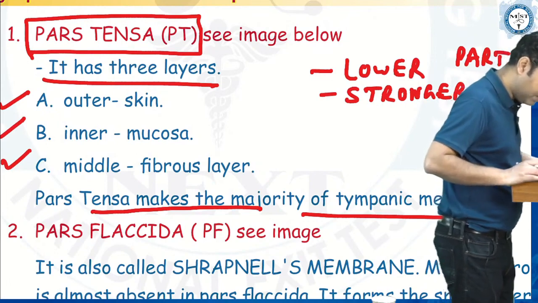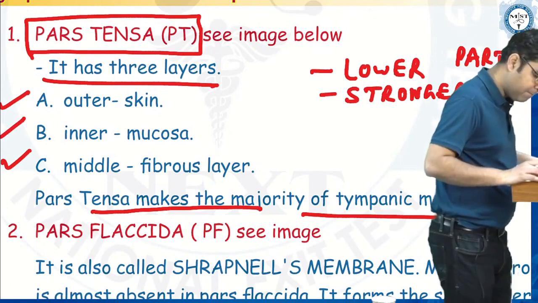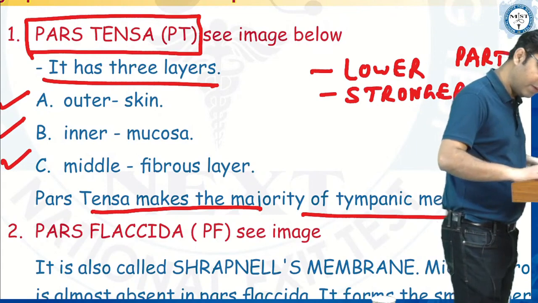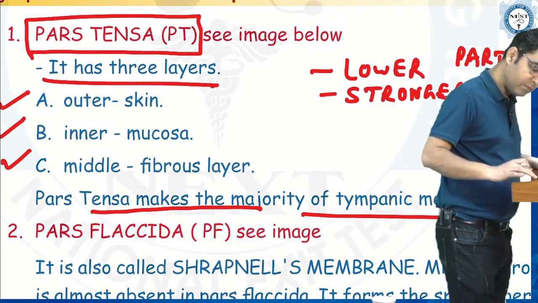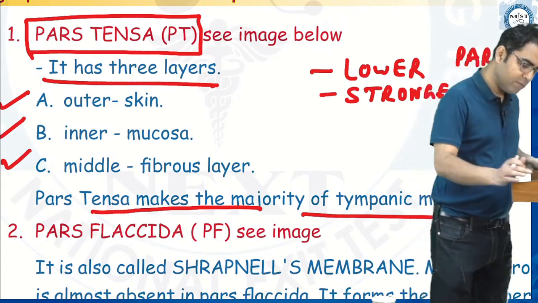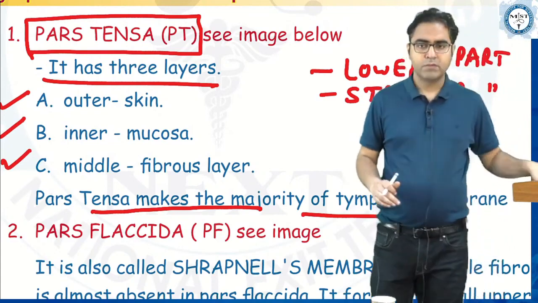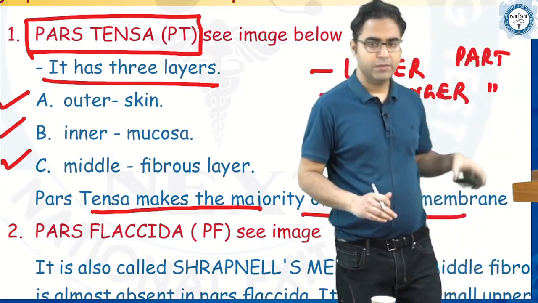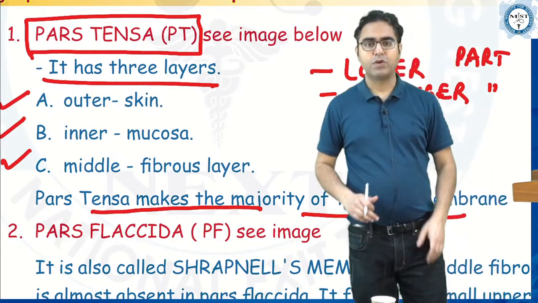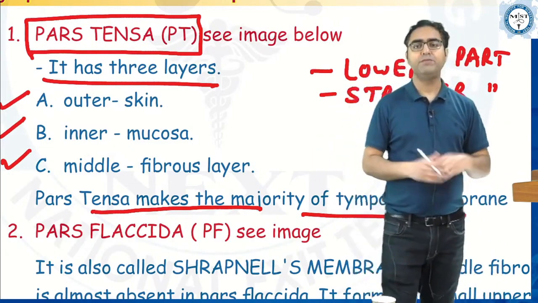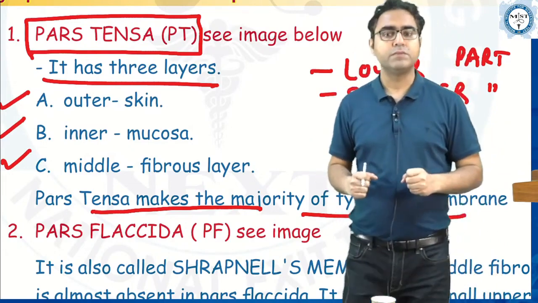Lower part, stronger part, beta. Okay, fine. Pars tensa: outer skin, inner mucosa, middle fibrous layer, a very strong part of tympanic membrane.